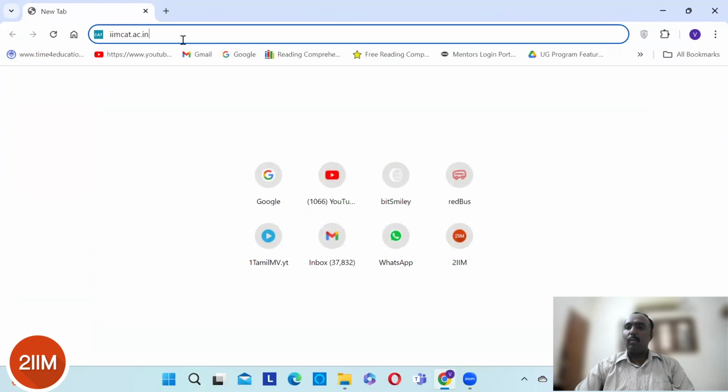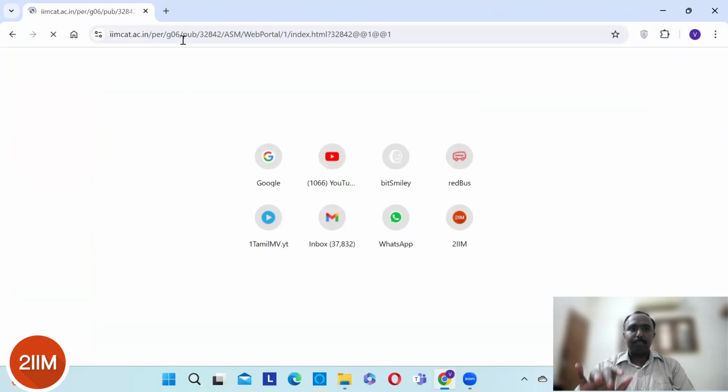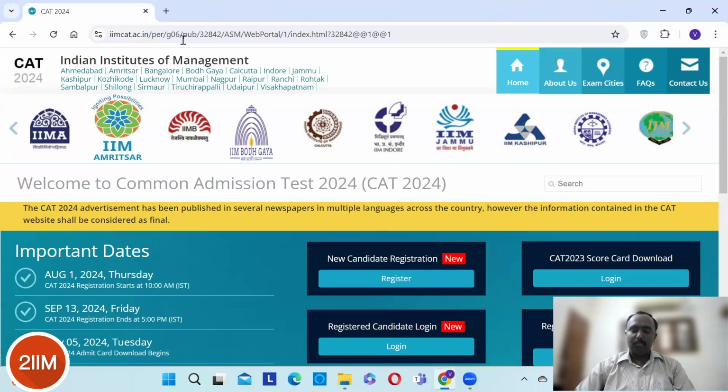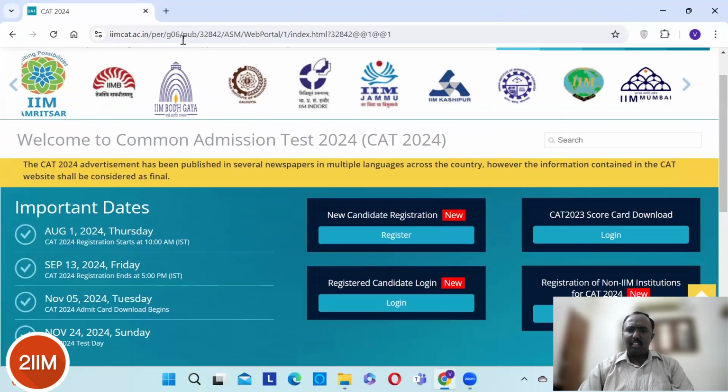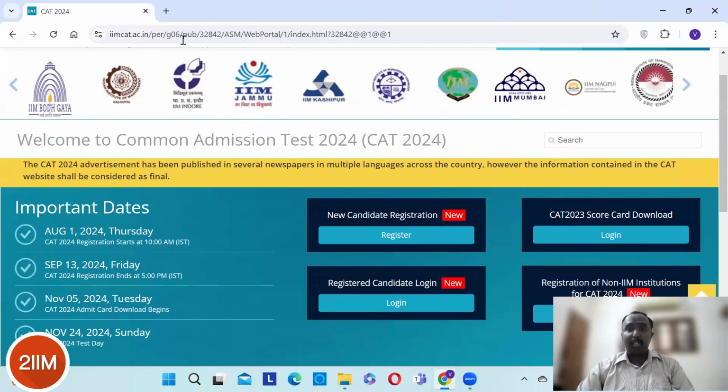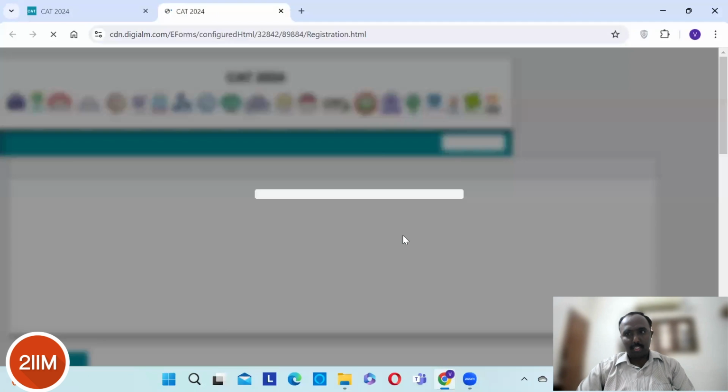The website we have to go to is imcat.ac.in. New candidate registration, registered candidate login. So we always need to go to the new candidate registration. Register.